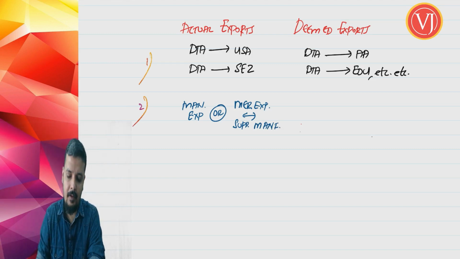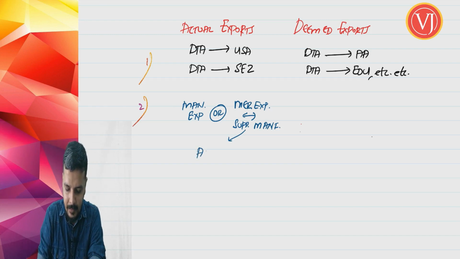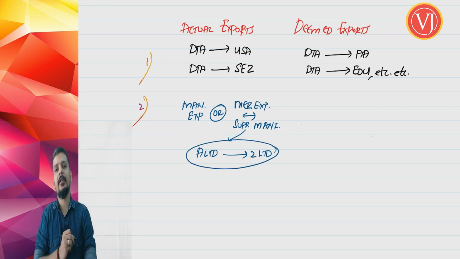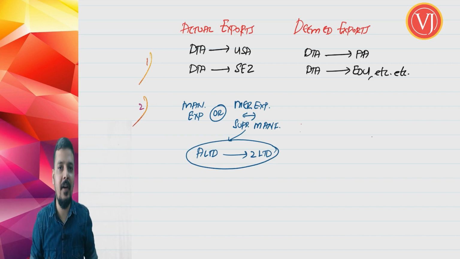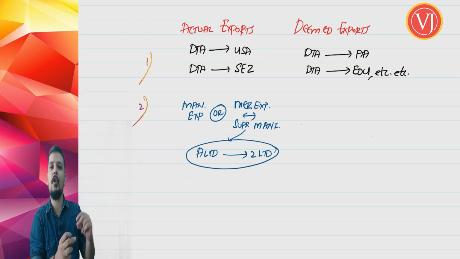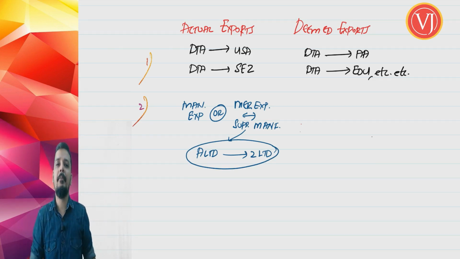For example, you are talking about A Limited giving to Z Limited, but they are working as one unit. Z Limited, the merchant exporter, takes the advance authorization, but the benefit of the advance authorization is taken by the supporting manufacturer A Limited, who imports the input without paying import duty and manufactures the final product and gives it to Z Limited.